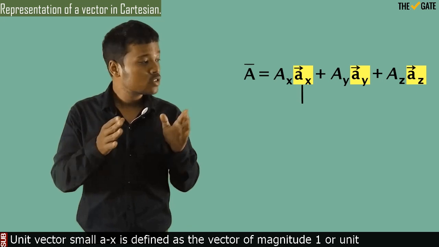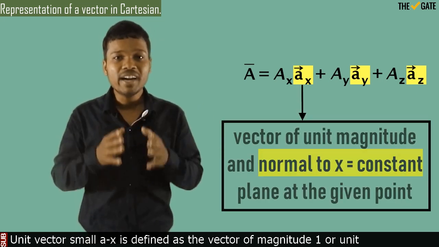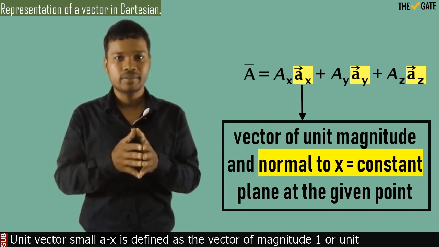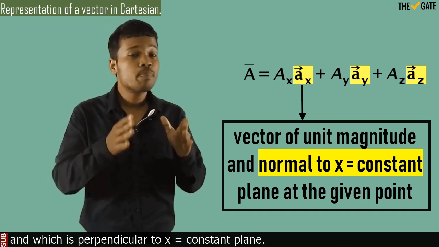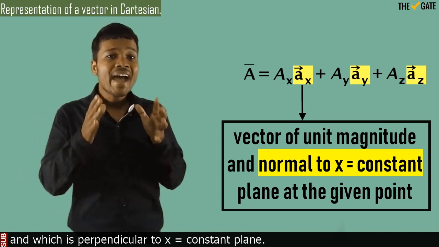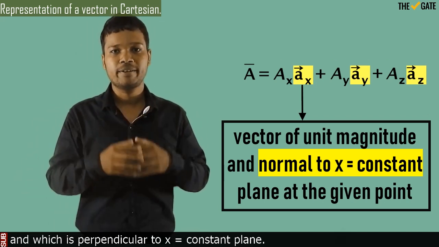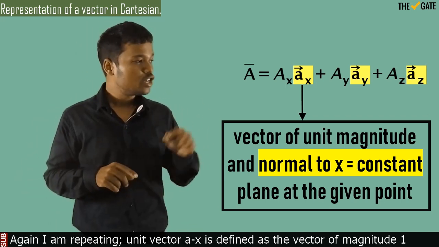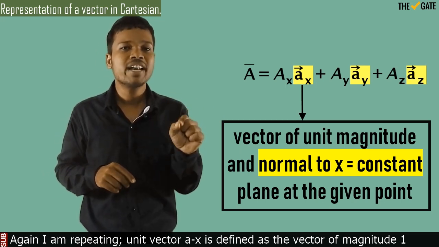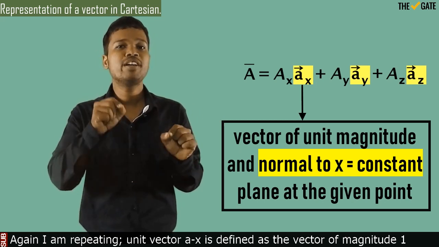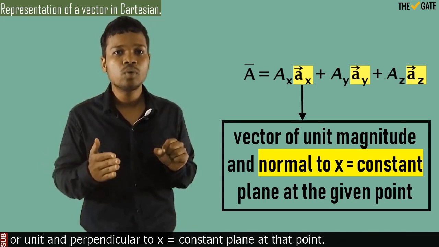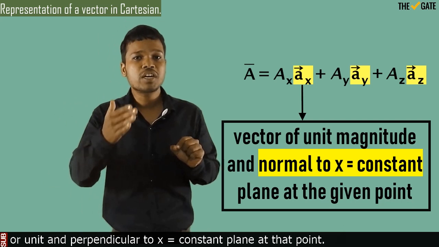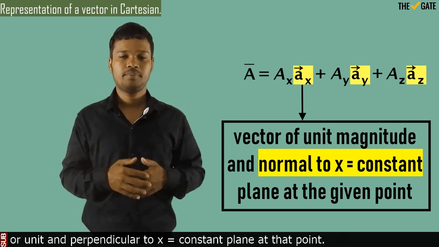The unit vector small ax is defined as the vector of magnitude 1 or unit, and which is perpendicular to x equal to constant plane. Again I am repeating, unit vector ax is defined as the vector of magnitude 1 and perpendicular to x equal to constant plane at that point.